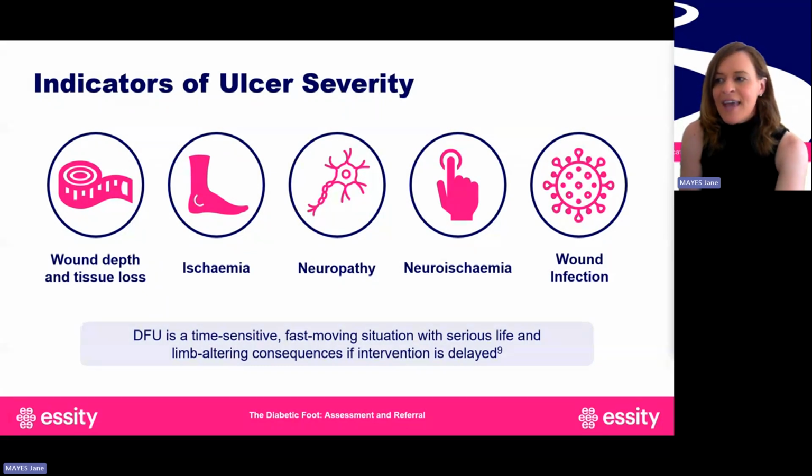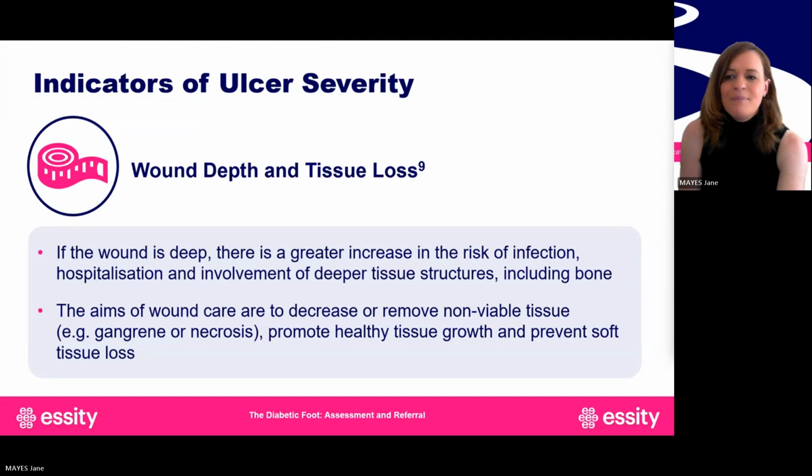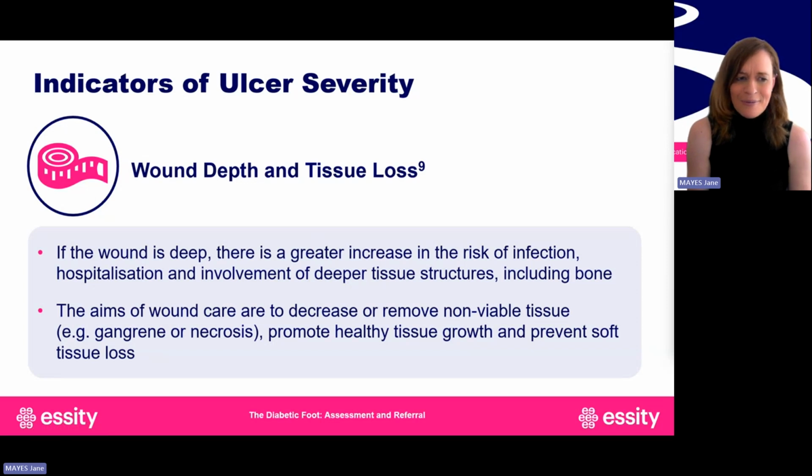So with regards to our patients, big wounds are never going to be great. Big, deep areas of tissue loss are more at risk of infection. I touched on that bone infection, osteomyelitis type thinking. These are the ones that will really make you think, oh, I need a bit more help with this, I need to signpost.